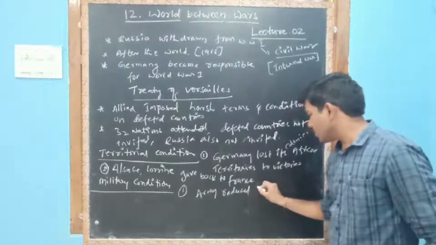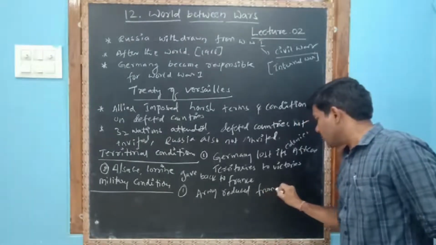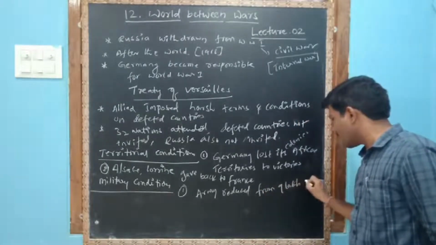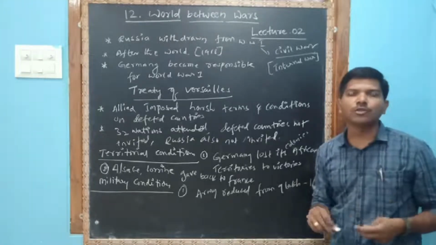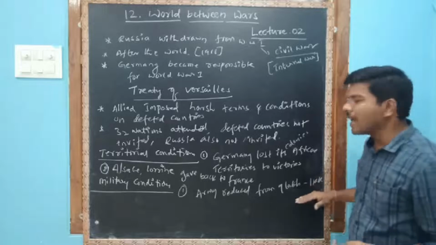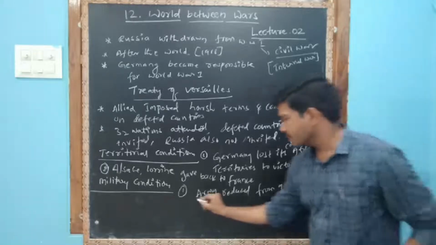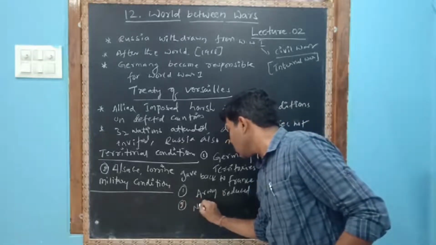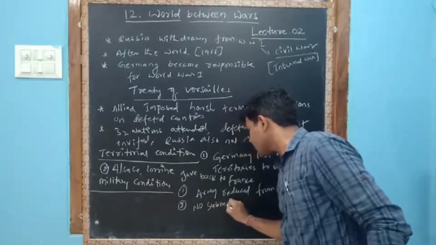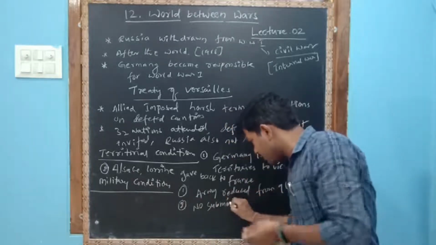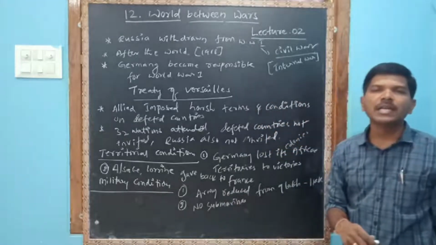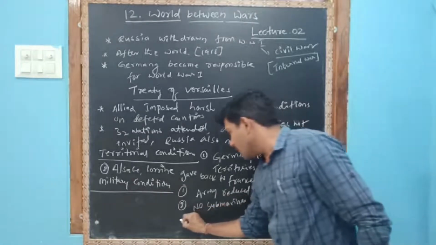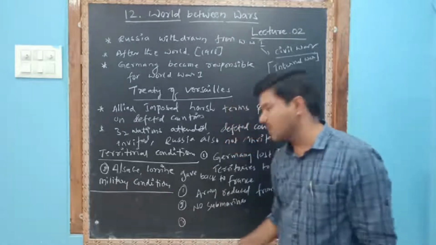So they forced Germany to have only 1 lakh soldiers. Next, no submarines. Germany was not allowed to hold any submarines, and just a dozen torpedo missiles.